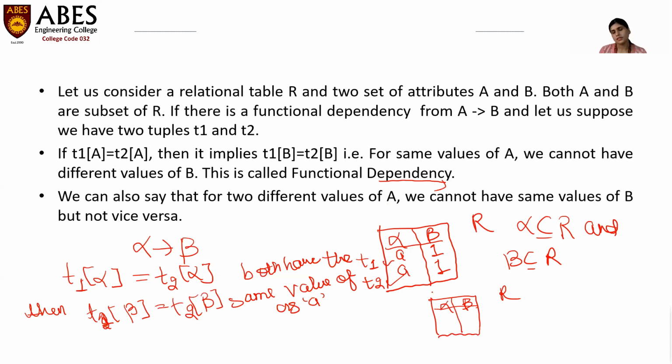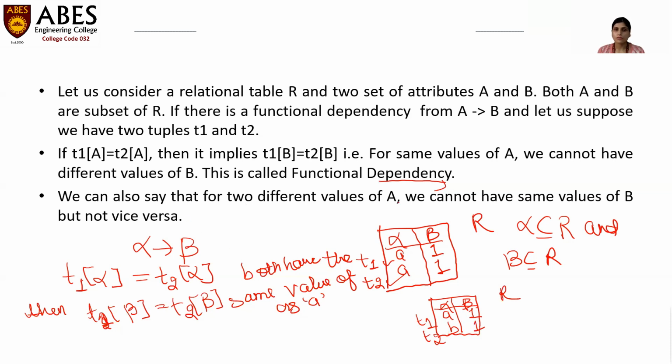So if this is a case where we have a relation R and we have two attributes alpha and beta, and let's suppose that the value of T1 of alpha is A and T2 of alpha is B, then we can have the values of beta. And if the values of beta are 1 and 1, so that's not an issue.